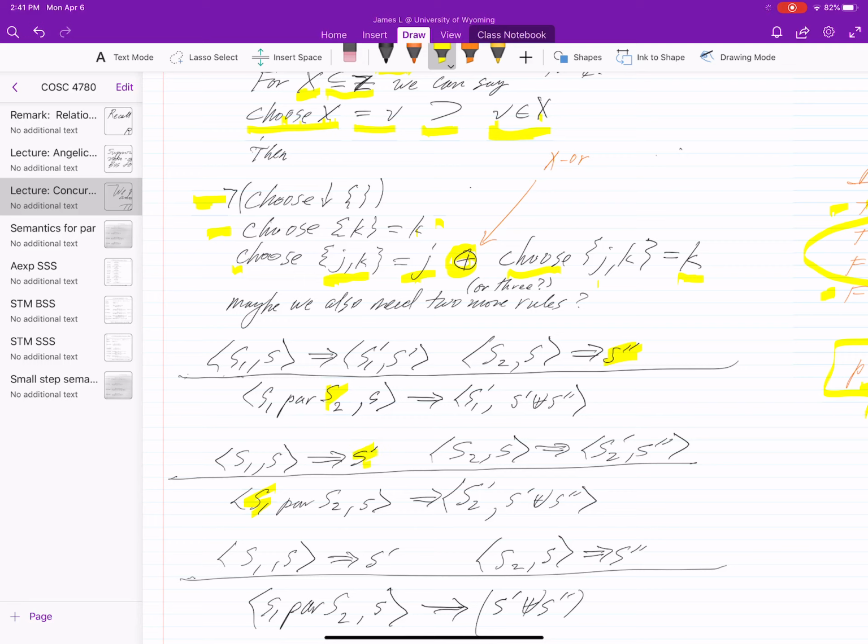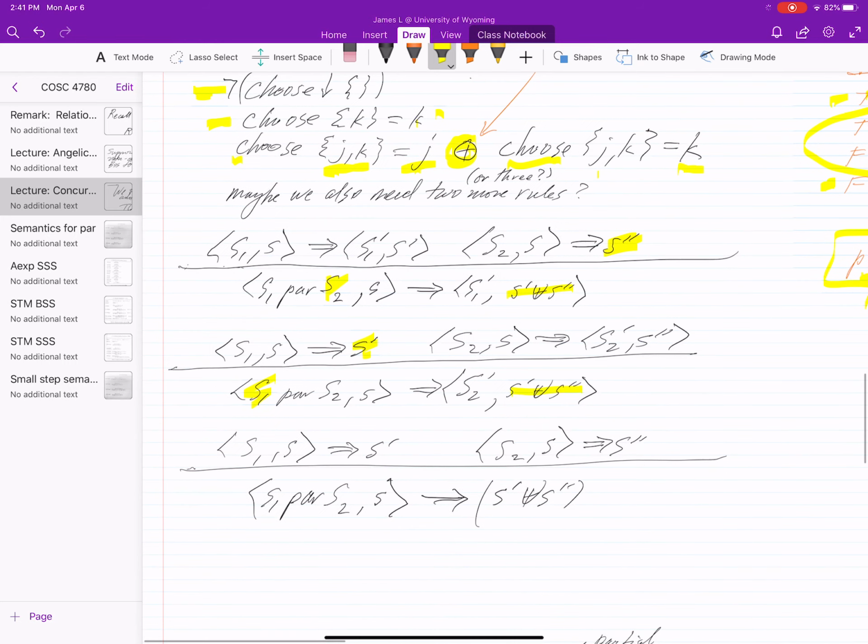So I fix those up and add those rules. And then it's also possible that both S1 and S2 evaluate to individual states, and so then this is going to be an individual state.